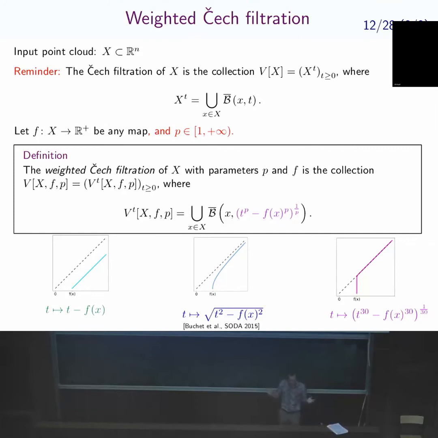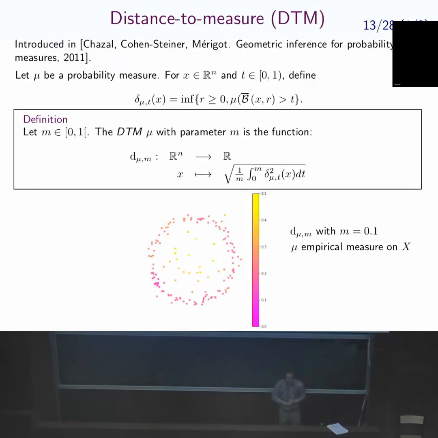Right. So now we have to find a nice weighting map, and a map that does that is the DTM, the distance to measure. The distance to measure is based on a measure, and you will understand soon why this is interesting. So say we have a measure for the moment, mu, and a parameter m. The DTM is a map from the Euclidean space to R that is defined as a quadratic mean of this quantity delta written above.